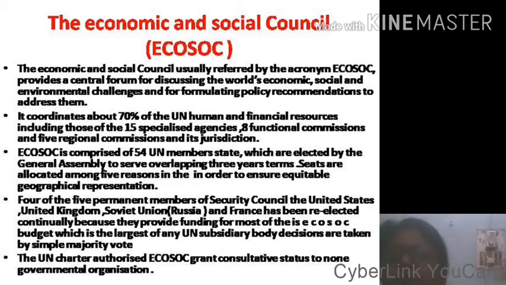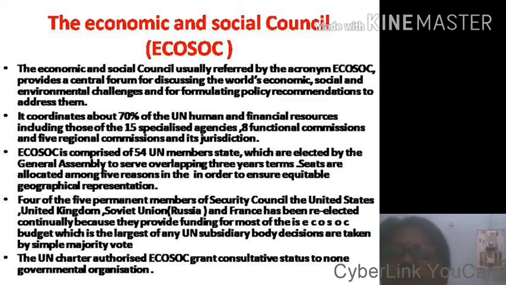It coordinates about 70% of the UN's human and financial resources, including those of the 15 specialized agencies, 8 functional commissions, and 5 regional commissions, in its jurisdiction.